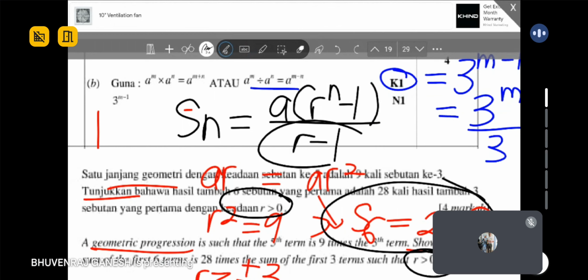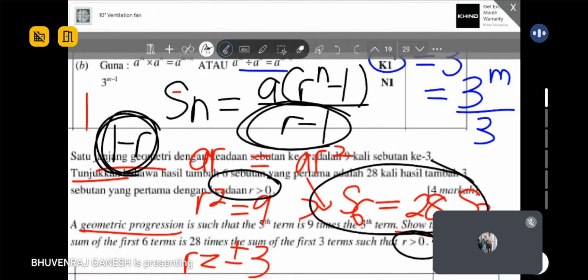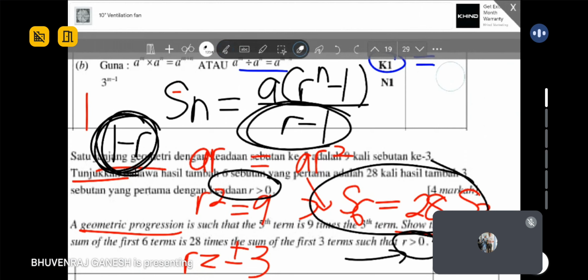Okay guys, may I know why I use R minus 1? Why cannot use 1 minus R? Kenapa tak boleh guna yang ni? Can anyone tell me? Based on what value? Kenapa tak boleh guna nilai ni? Yes, based on the R value. Correct. Okay, because R is greater than 0. Okay, nilai R saya lebih besar dari kosong.